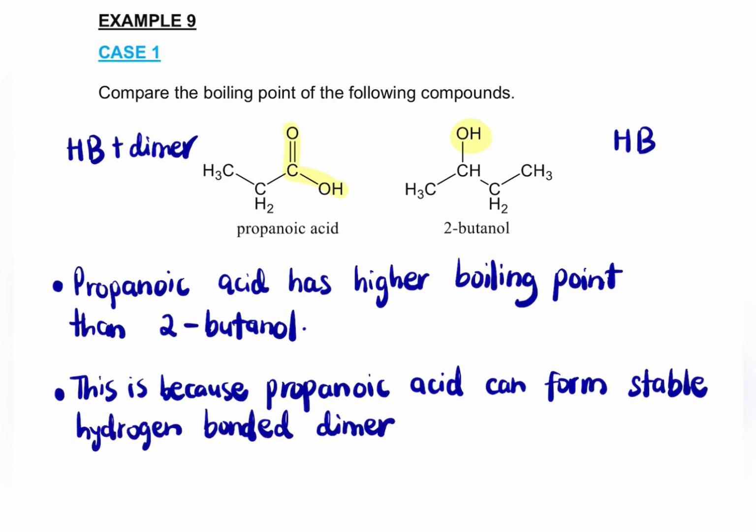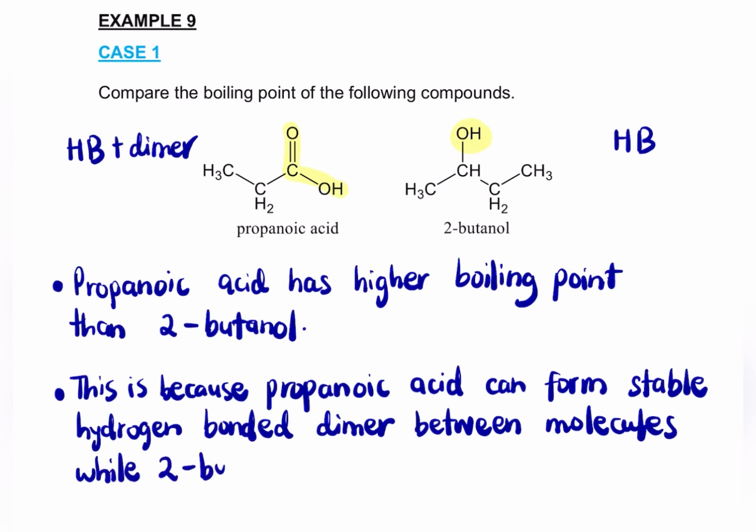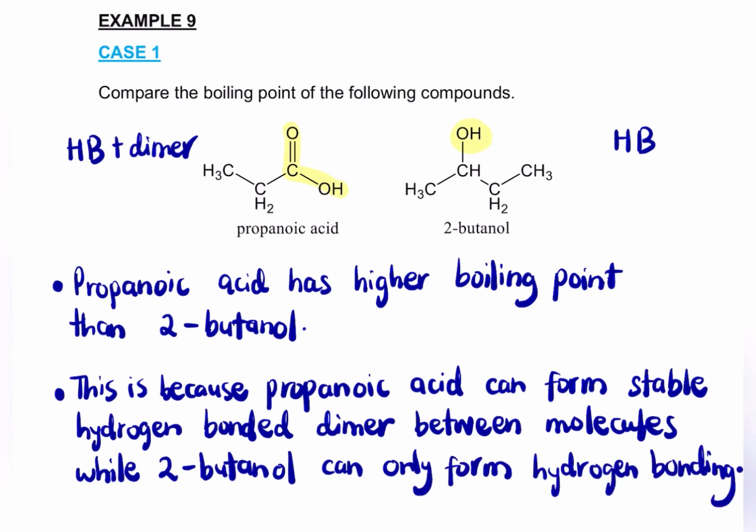So this is where you're not only saying hydrogen bonding, but you also emphasize dimer. So use the term stable hydrogen bonded dimer. And don't forget, this is between molecules. And when you want to compare, you don't leave out 2-butanol. So I will put while 2-butanol can only form this one, hydrogen bonding. So this will be your explanation for case 1.